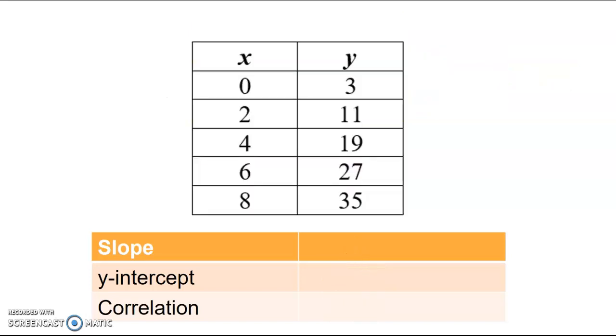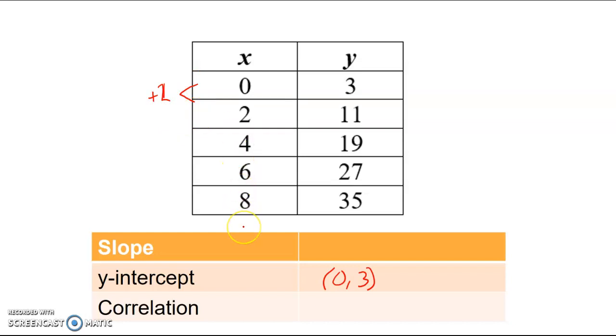Now, let's look at this one. This one's a little trickier. I can find my y-intercept. That's easy. Where x is 0, y is 3. So here is my y-intercept. But my slope, notice, I'm not going up by 1 on my x anymore.